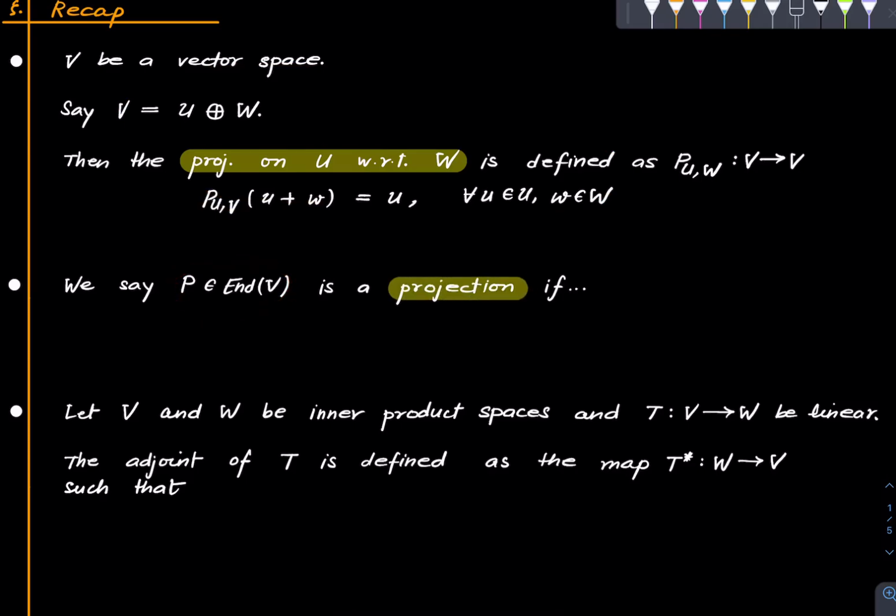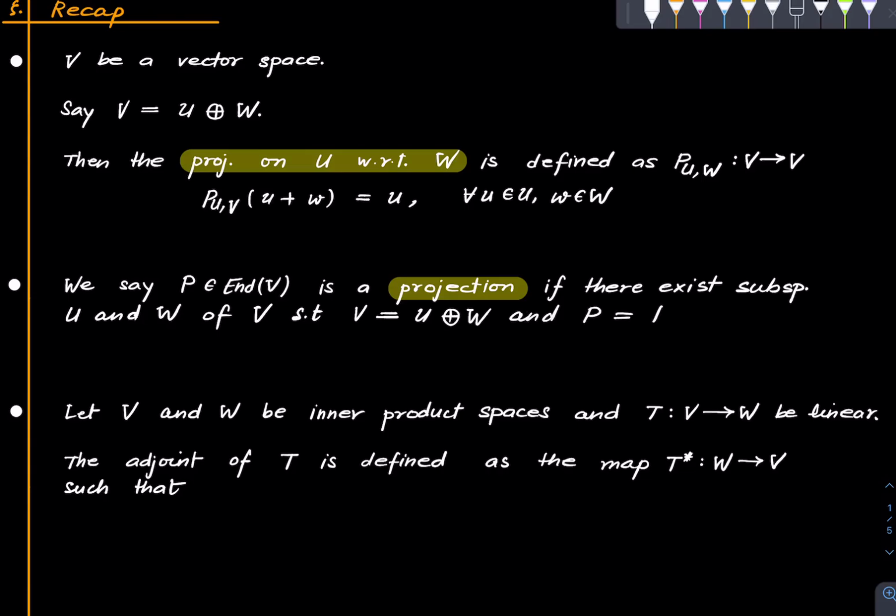And then suppose we are given a linear endomorphism P. It is called a projection if there exist subspaces U and W of V such that V is of course the direct sum and P is the projection on U with respect to W. So that is the definition of projection, and the key fact we proved was that P is a projection if and only if this algebraic condition holds.